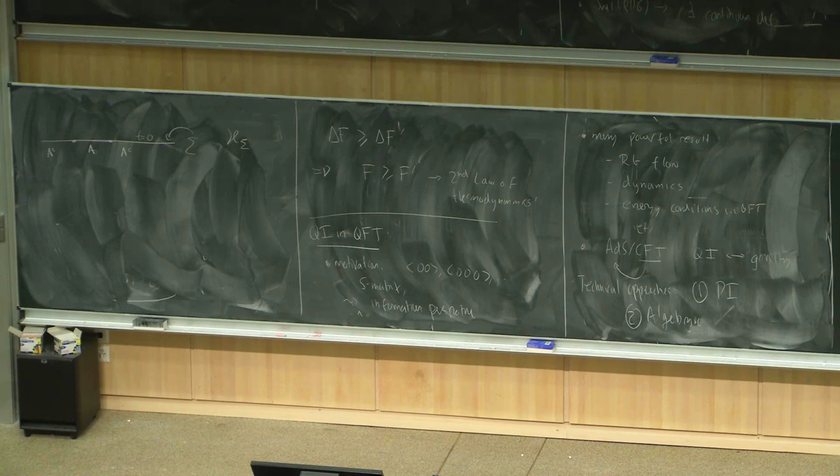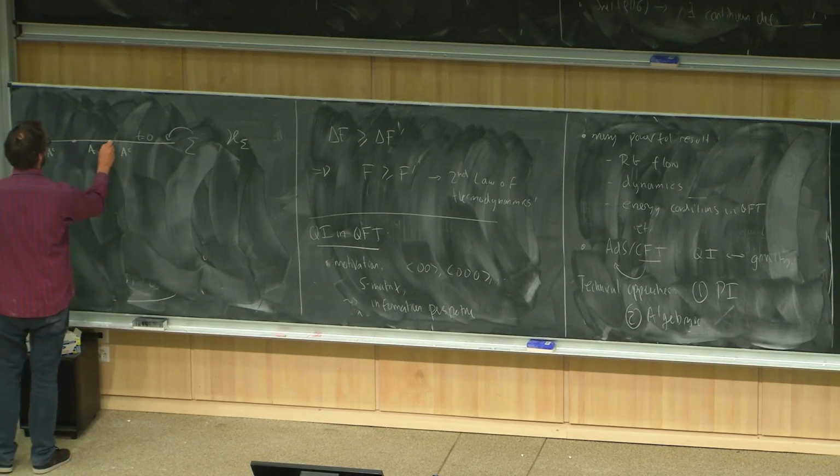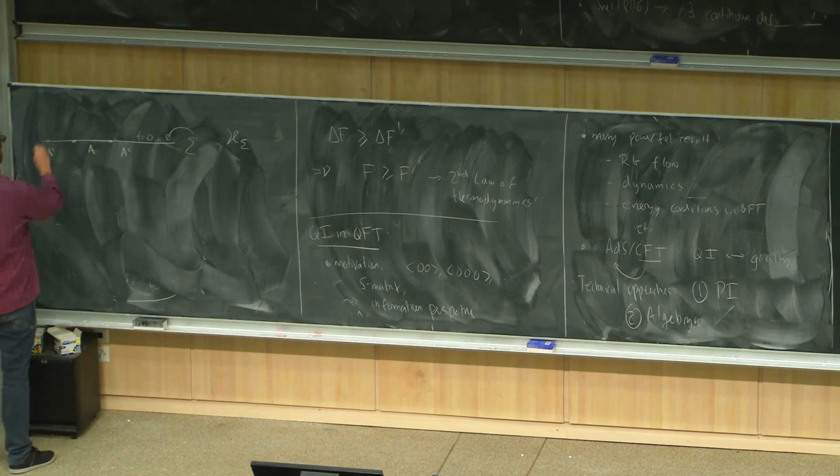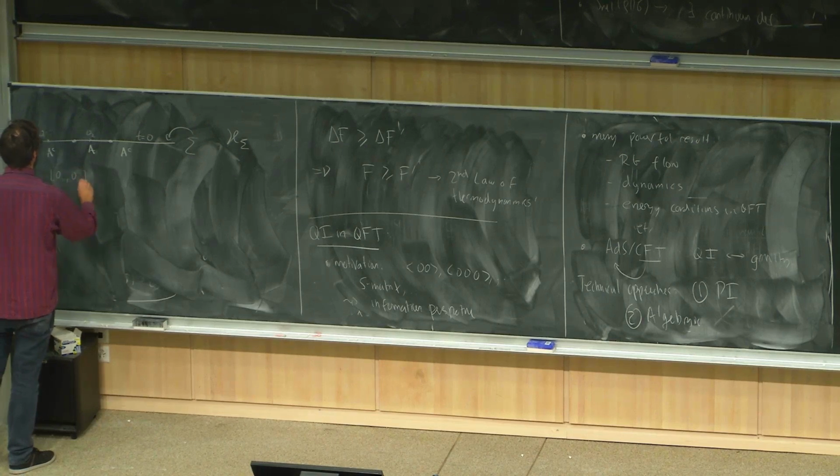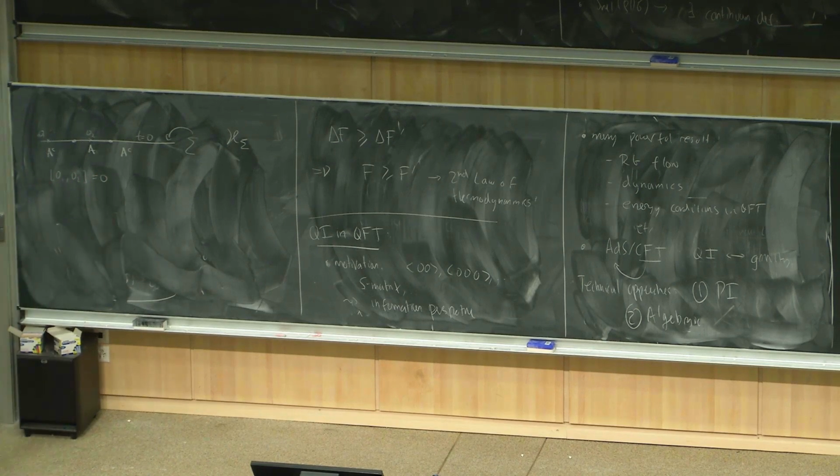Now, one reason you might do that is because if I have some operator here and some operator here, O1, O2, then they commute because they're at space-like separation. Because they commute, you might think we can assign independent degrees of freedom to them.